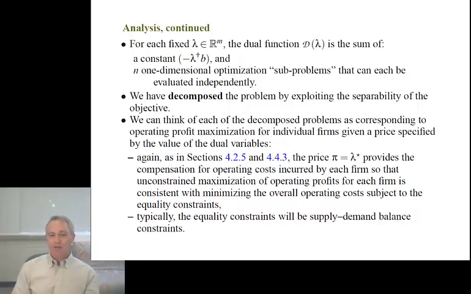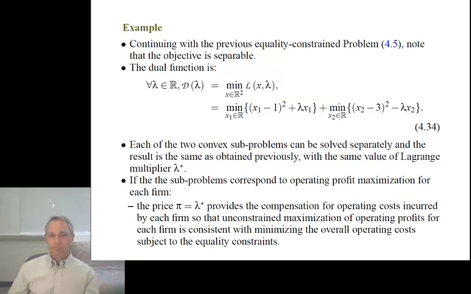And typically in our context, the equality constraints will be supply-demand balance constraints. Let's see an example. In general, this will apply no matter how many entries x has, but in our previous example it had 2 entries and its objective was separable.